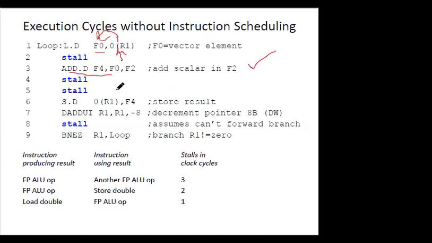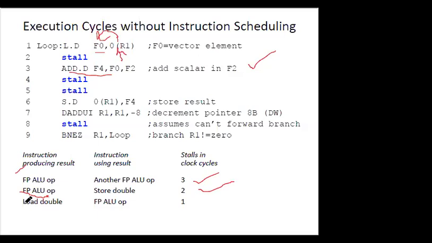So this waiting of the F2 or this addition, see this table below shows that we have a floating point ALU operation, and if an instruction has to take input from some other floating point ALU operation, the stalls involved are 3 clock cycles. If we have an instruction producing an ALU operation, and that has to be stored somewhere, there are 2 stalls in the clock cycles.